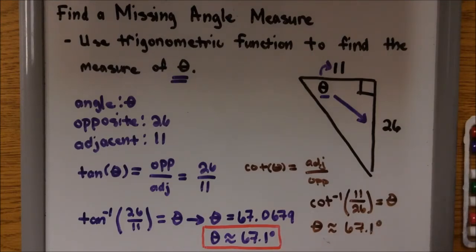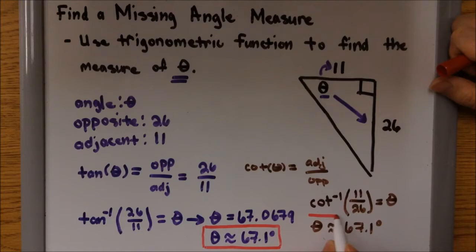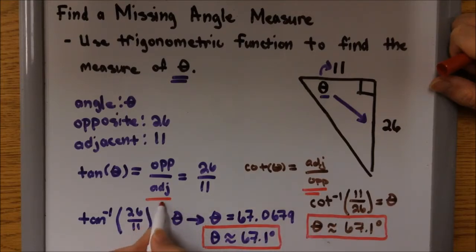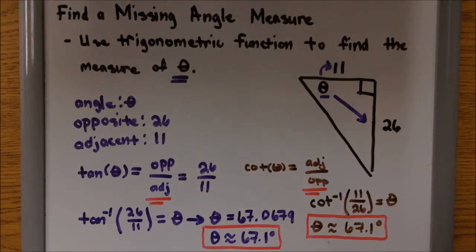So in this example, it doesn't matter which function you use, inverse tangent or inverse cotangent, as long as you set it up correctly by following the definition, you should be fine. So inverse tangent is approximately 67.1 degrees, and inverse cotangent is approximately 67.1 degrees.